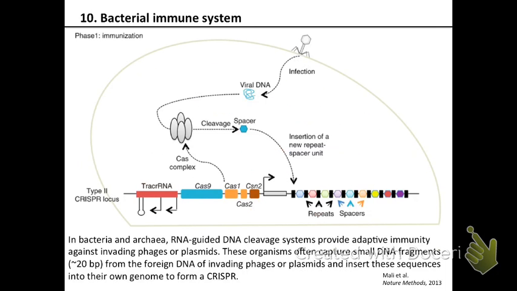Okay, so this system basically provides adaptive immunity because once you get infected, then you can actually respond next time to invading phages or plasmids. So the bacteria capture small DNA fragments from the foreign DNA and insert them into their own genome.